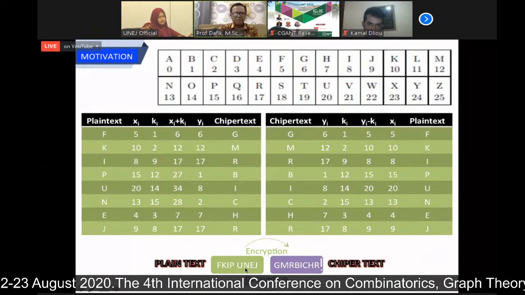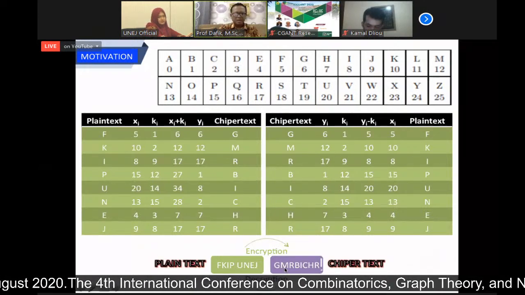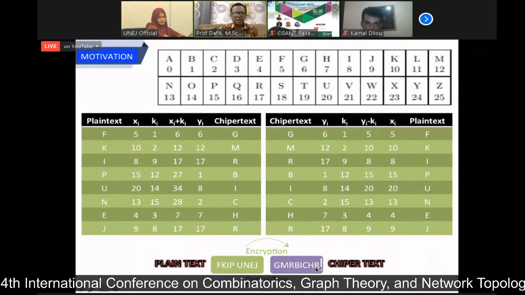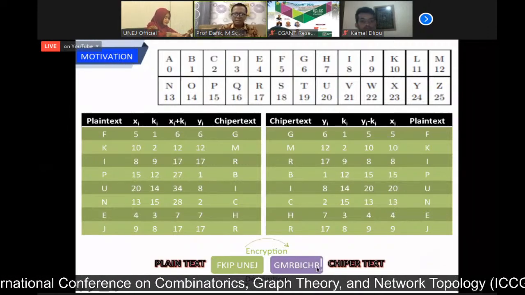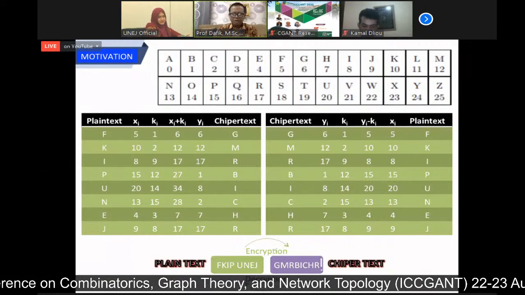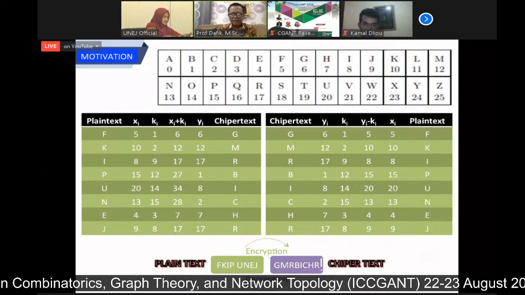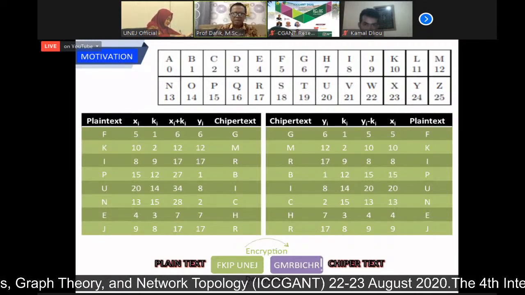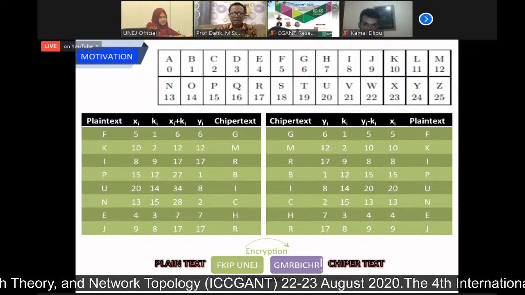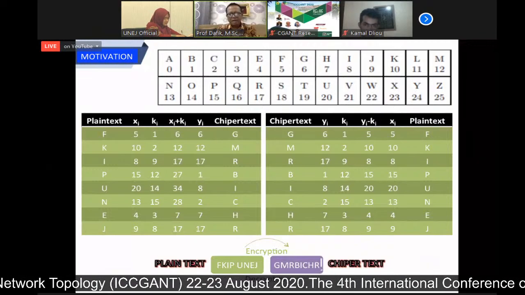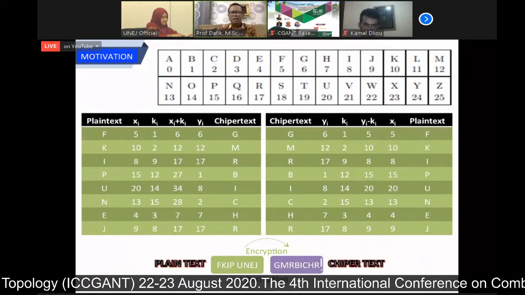So FKIP UNEJ is now read as GMRPH CHRI. Of course, it is very hard for a human being to read unless we transform it again into plaintext by means of the encryption and decryption processes and the graph labeling. Then we can read it.